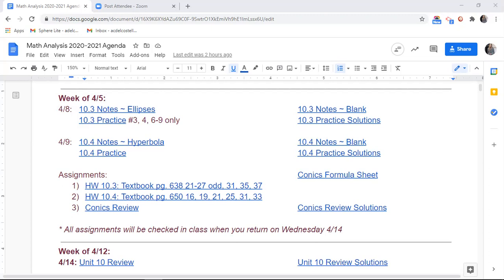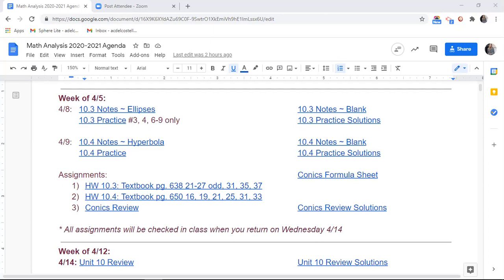So what you might want to write for yourself is that you're going to have x squared or y squared, not both. And then the third conic that we're going to discuss today is known as an ellipse. So an ellipse is going to follow one of those 2 equations.